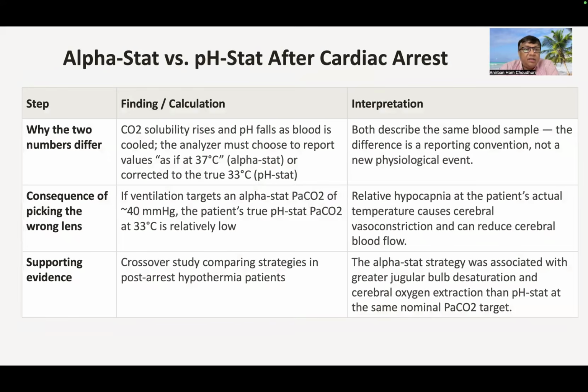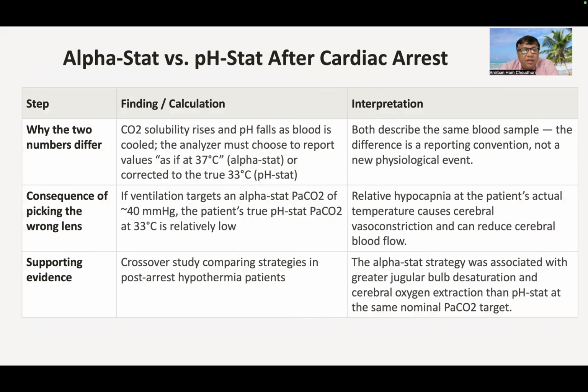Now, why do these two numbers differ? Because CO2 solubility rises and the pH falls as the blood is cooled. So the analyzer must choose to report values as if at 37 degrees, which is alpha stat, or corrected to the true 33 degrees, which is pH stat. And both describe the same blood sample. The difference is a reporting convention, not a new physiological event.